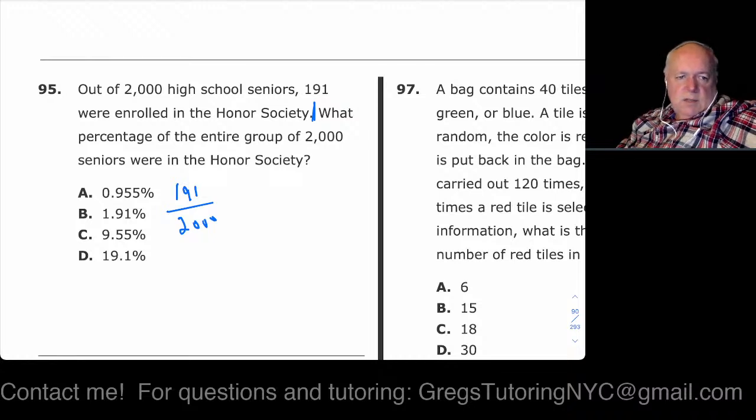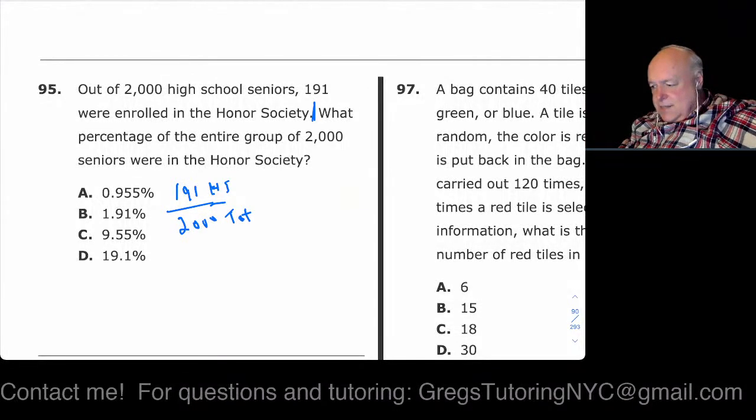So this is honor society, and this is total. What percent of the entire group of 2,000 seniors were in the honor society? So that's our fraction. Basically, they're asking us to find what percent. Percent means over 100.